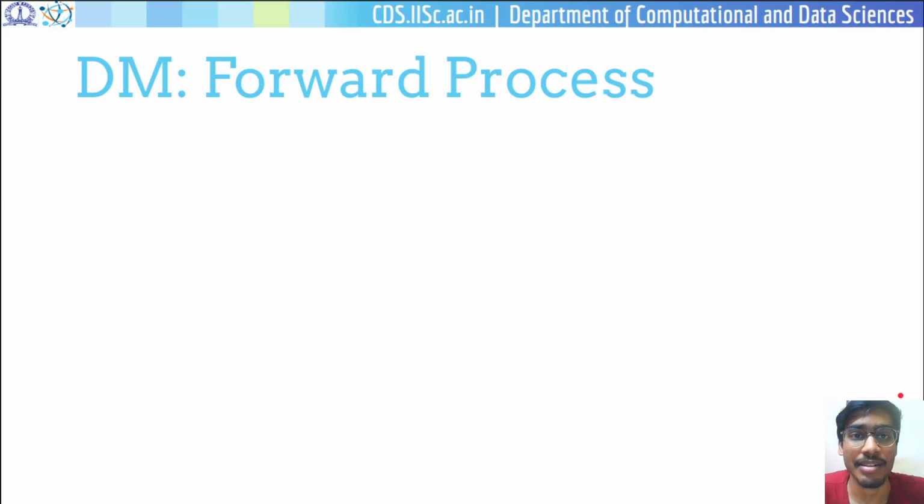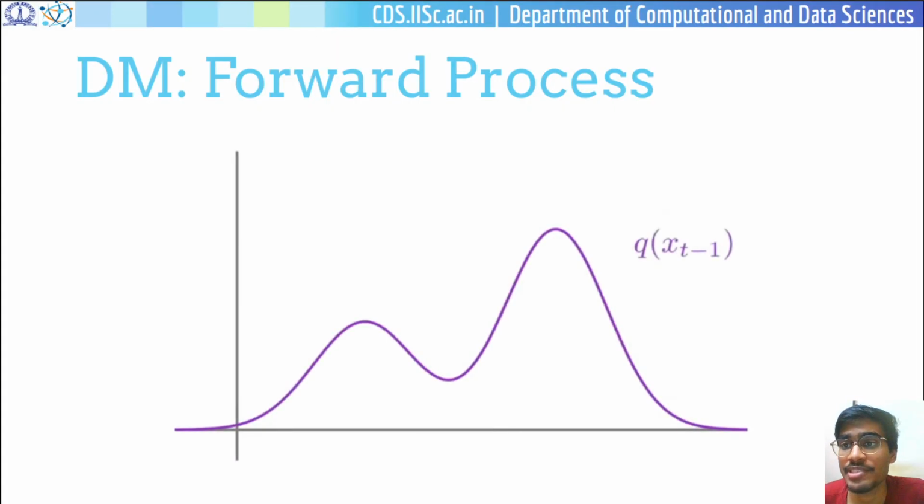Let's take a 1D example to try and understand this. Suppose you were given the distribution of a forward process sample at time t-1 that resembled a mixture of Gaussians with two modes. We then observe xt and want to infer the posterior distribution over xt-1. That is, we would like to determine where did the chain likely come from in order to arrive at xt.